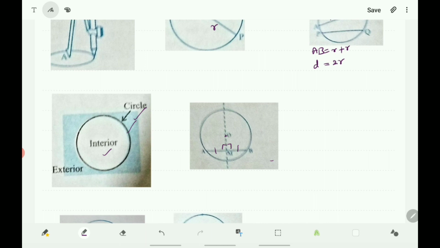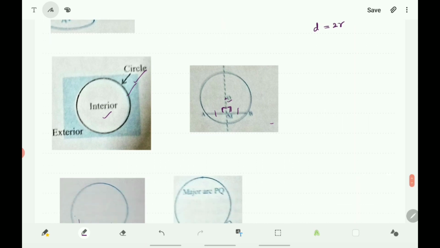Or vice versa, you can say that the line drawn through the center of a circle to bisect a chord is perpendicular to the chord. That is, the line joining the midpoint of the chord and the center of the circle is perpendicular to the chord. So that is one of the important relations you can observe here.